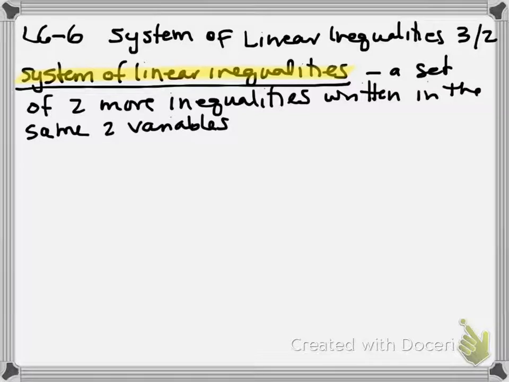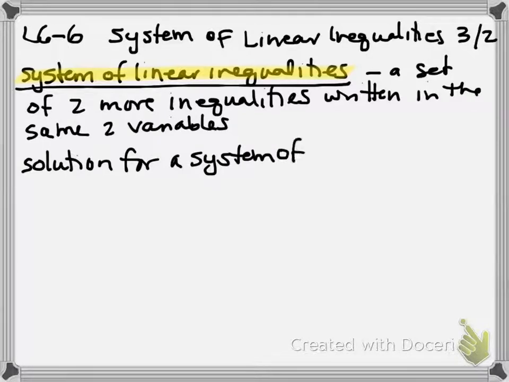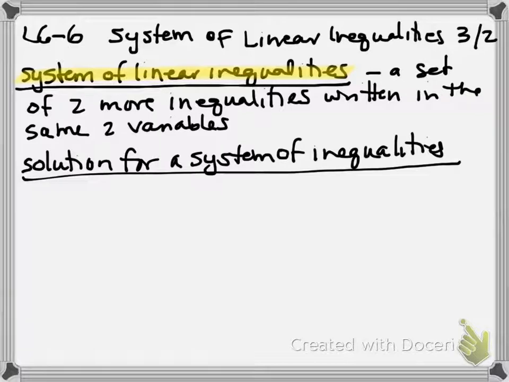So, number one thing that we're going to do, well, let's talk about the solution first, and then we'll talk about strategy. So, solution for a system of inequalities, we'll just take out the word linear. And that's going to be the intersection.